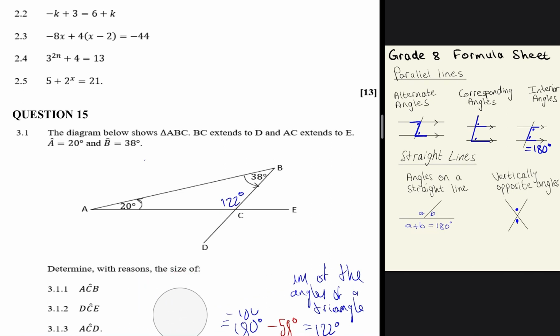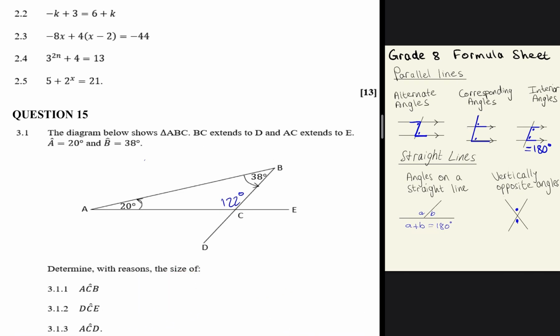Right, let's see what else they're asking. The next one is we have to work out angle DCE. Where's DCE? There's D, there's C, and there's E. That means it is this angle over here. Again, look at your formula sheet. There you're dealing with vertically opposite angles.